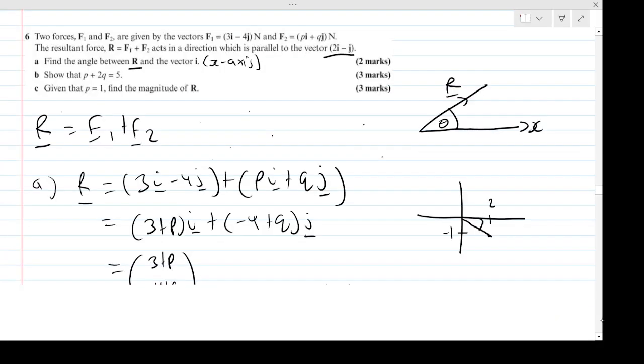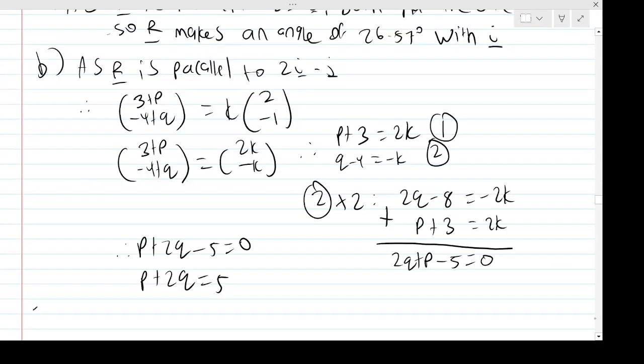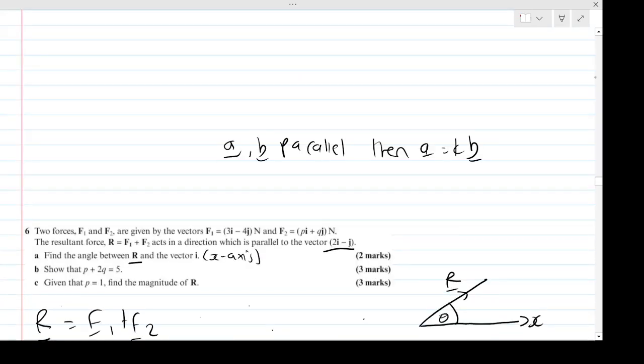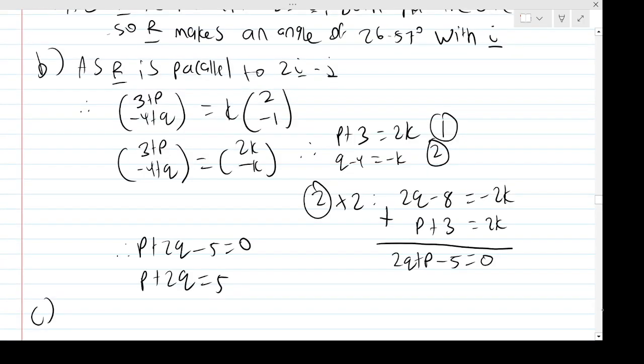Cool. Then we go on to part C, and we're told now that P is now 1. And then it says to find the magnitude of R. So that shouldn't be that difficult. Now, P is 1, firstly.